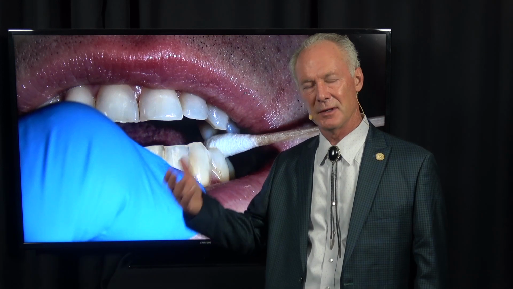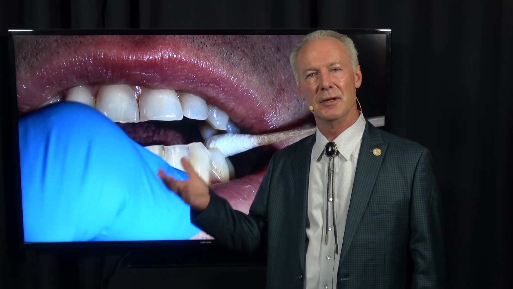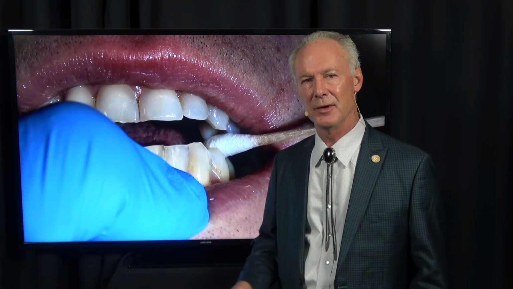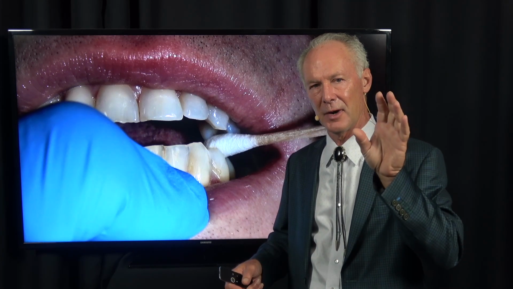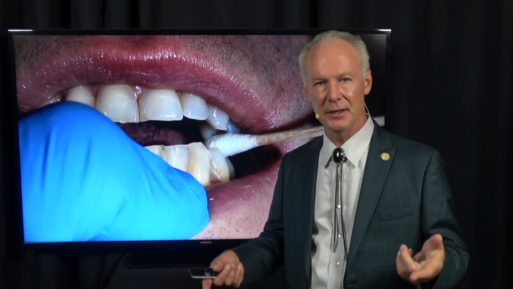Now, the other thing that can cause pain when a patient bites is an abscess tooth. Remember, an abscess tooth is often going to be painful when the patient drinks hot. They say, boy, when I drink hot, that tooth lights me up. Well, what kind of pain are you having when it lights you up? If it's abscessed, it's going to usually start throbbing and the pain will linger for a while.